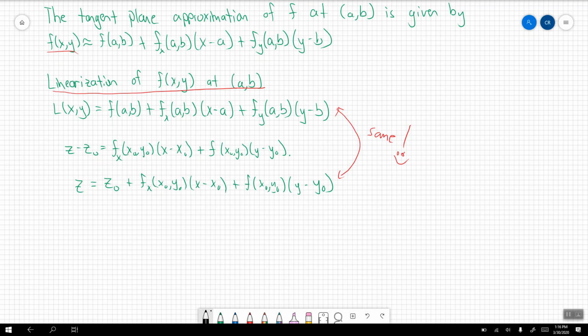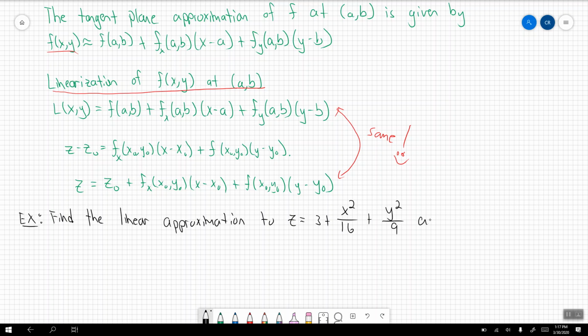So let's look at an example for this linearization. Here goes your example. Find the linear approximation to z is equal to 3 plus x squared over 16 plus y squared over 9 at the pair -4, 3.